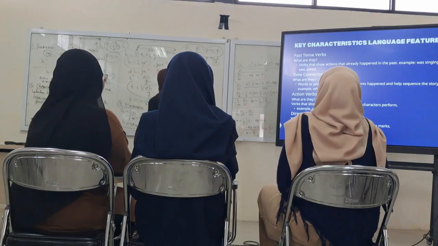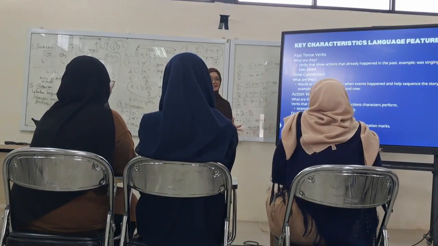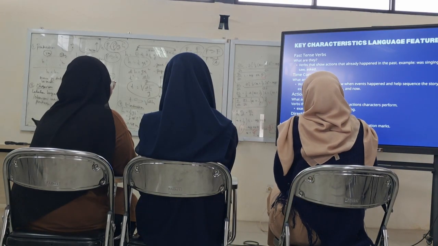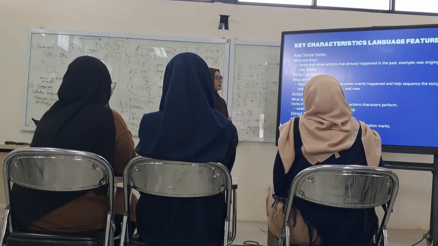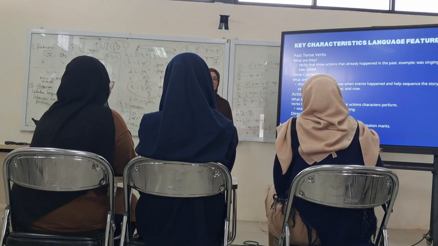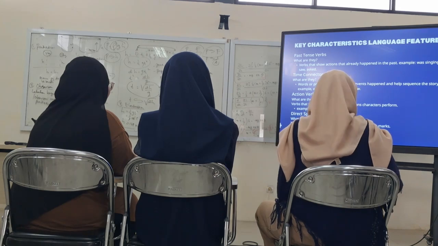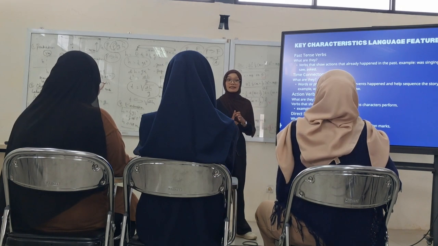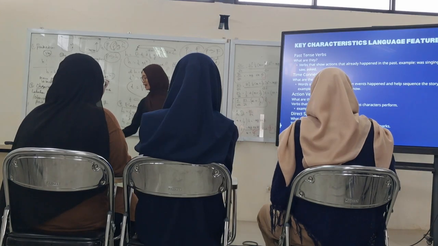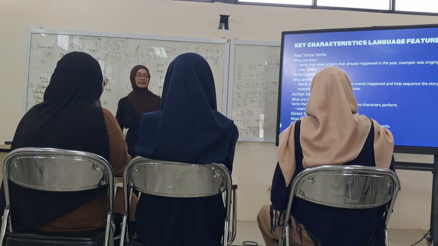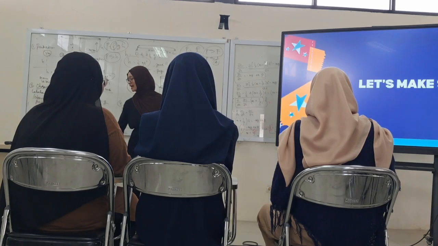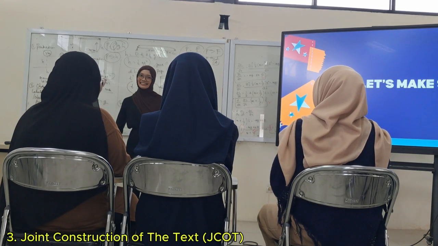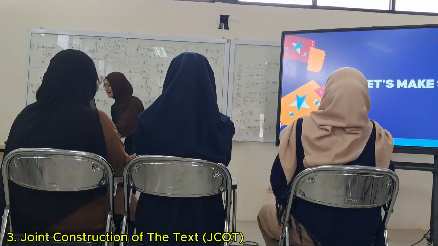After you watch and read the video, I will explain the key characteristics or language features of the text. So what are the key characteristics? The first is past tense verbs, time connectors. After you know about the key characteristics and language features, let's make a story.